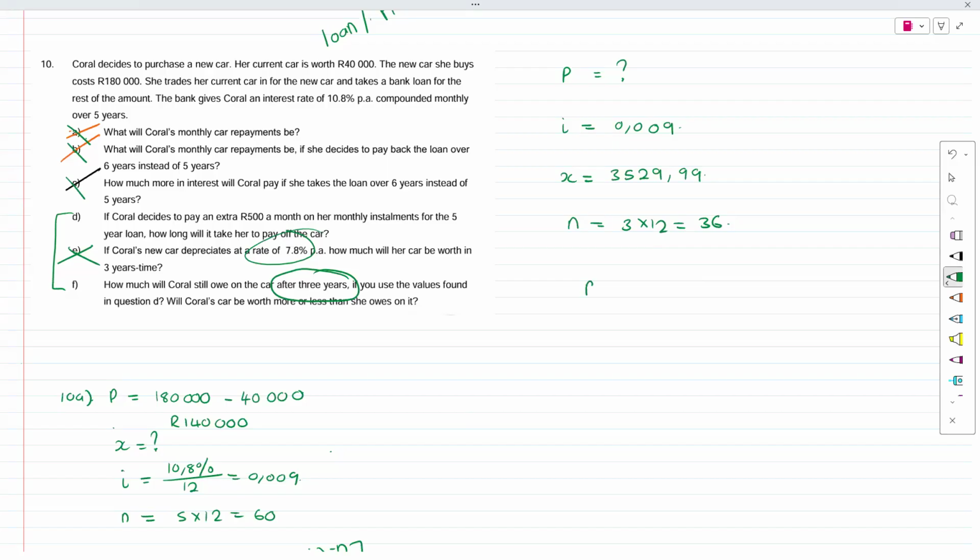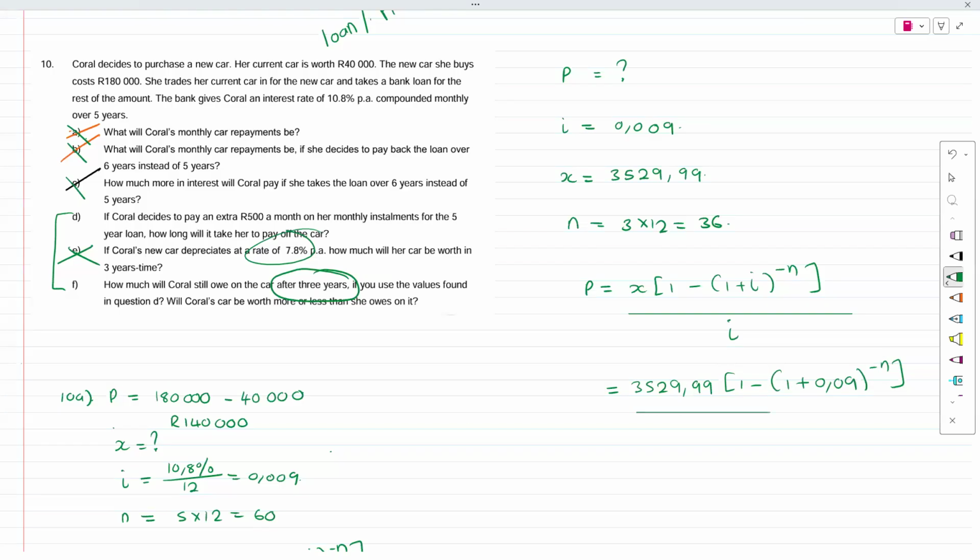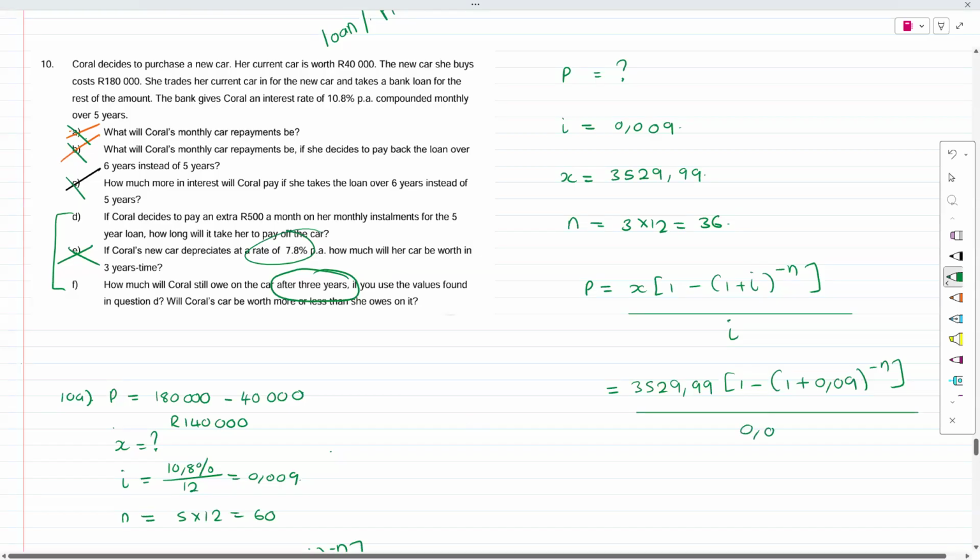Okay, we're going to start off with present value. That's x into 1 minus 1 plus I to the power of minus n all over I. We're going to go with 3529.99, and that's 1 minus, and that's 1 plus 0.009 to the power of minus n all over 0.009.